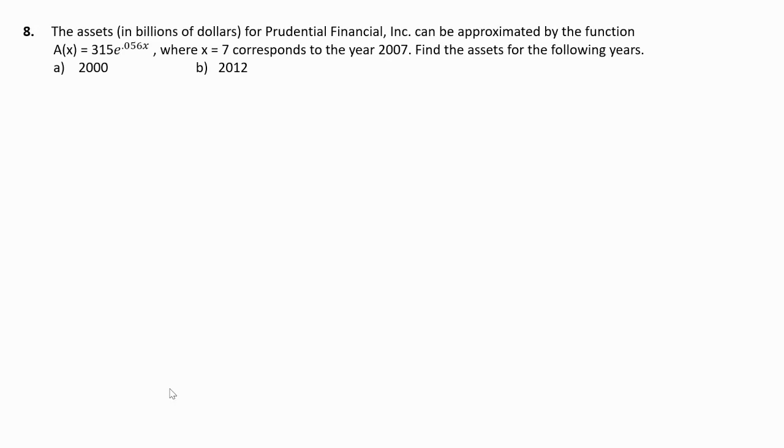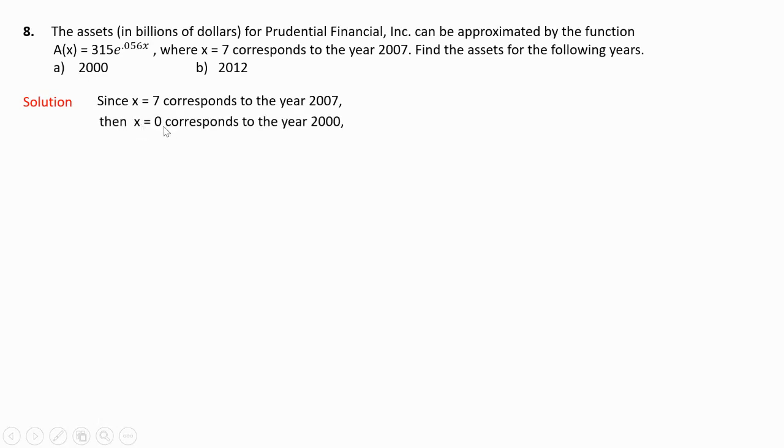Find the assets for the following years: the year 2000 and the year 2012. So solution: if x equals 7 corresponds to the year 2007, then x equals 0 should correspond to the year 2000, and x equals 12 should correspond to the year 2012.